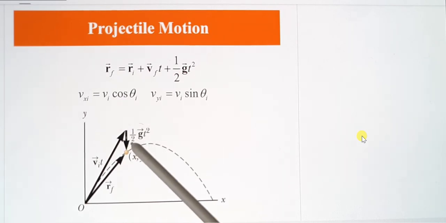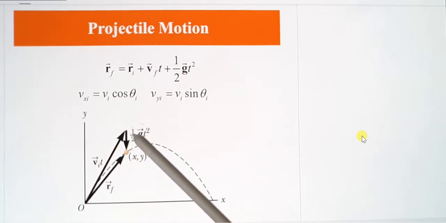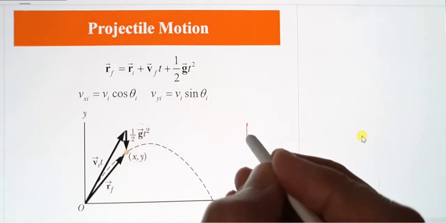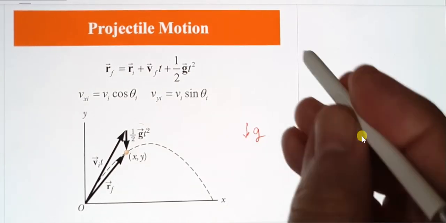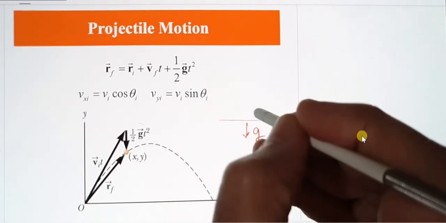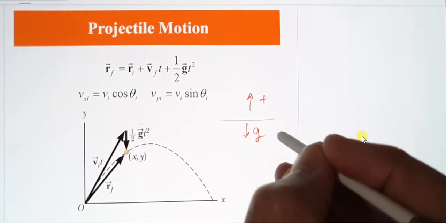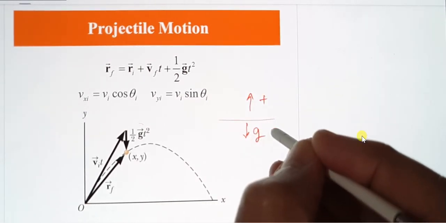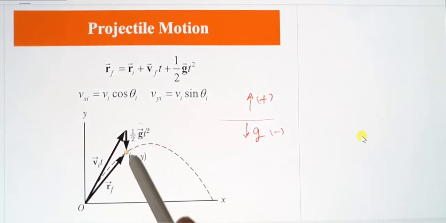Now notice that half g t squared is negative because we said g is always pointing down, and here we assume that up is positive and down is negative. So here you end up with just our final. So we are adding just vectors.